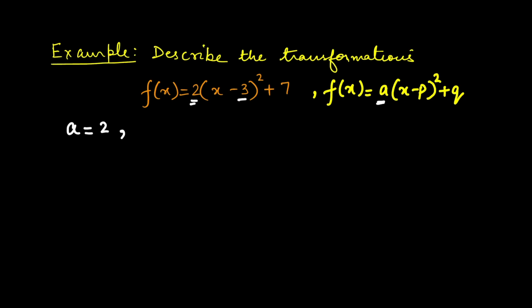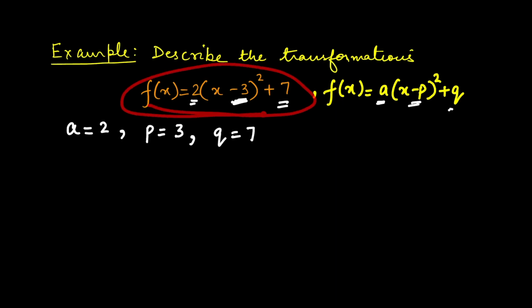Then we check here, so we always take the opposite sign. So p will be, so here it is -3, so we always take the opposite, so 3. Then q is 7, so for q we take the same sign. So for understanding the concepts for this one, like how to take the values of a, p and q, you can always refer to the previous videos to understand this.